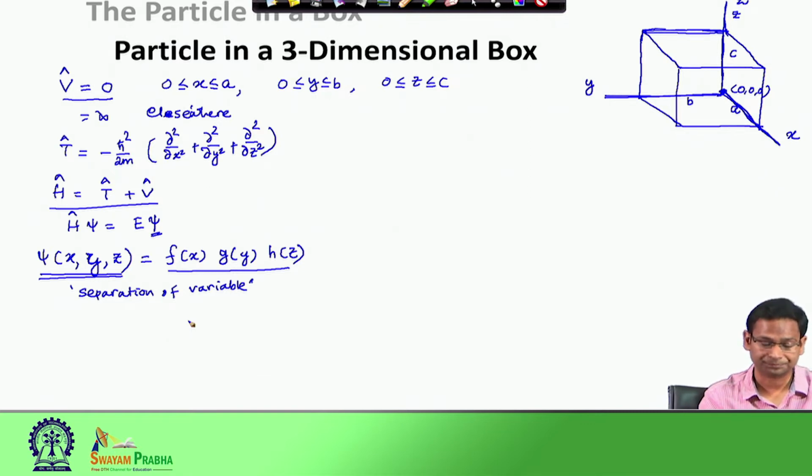When I look at this wave function that I have defined as f of x, g of y and h of z, I see that it will eventually be acted upon by the kinetic energy or potential energy operator. The kinetic energy operator has second derivative terms.